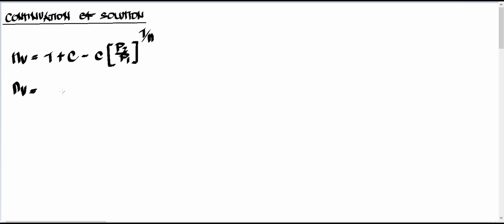Then we can substitute the value, that will be 1 plus the clearance. So we have 10%, so that will be 0.10 minus 0.10, then multiply by the ratio of pressure.